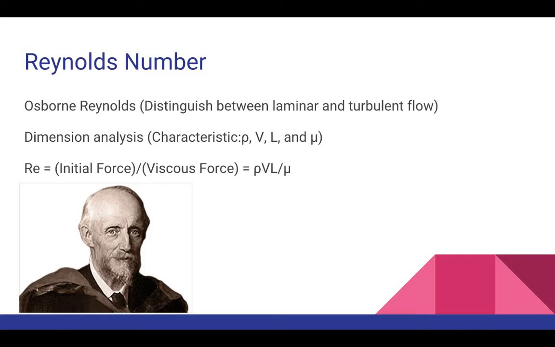Using dimensional analysis, you can find a common relationship between the fluid's density, velocity, length, and viscosity to determine the Reynolds number.